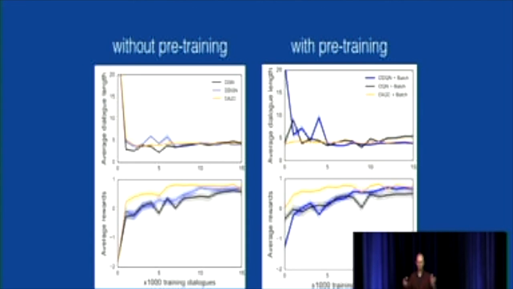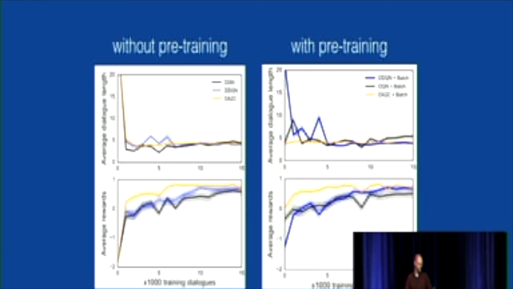This is something you, in general, want to keep short if you have something like a restaurant reservation system. And you have the average reward, which in this case was +1 for successful completion of the task, -1 if the task wasn't completed, and there was a small negative reward for every turn. So that is what you want to have high.